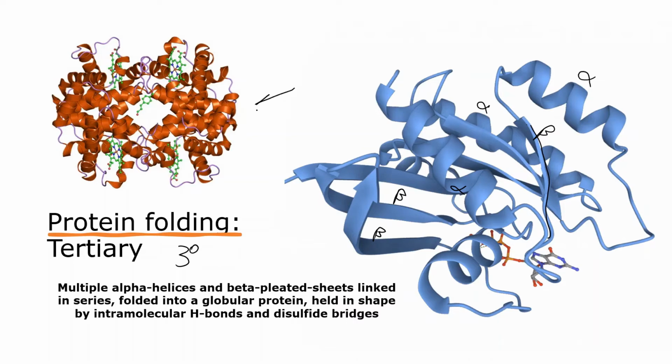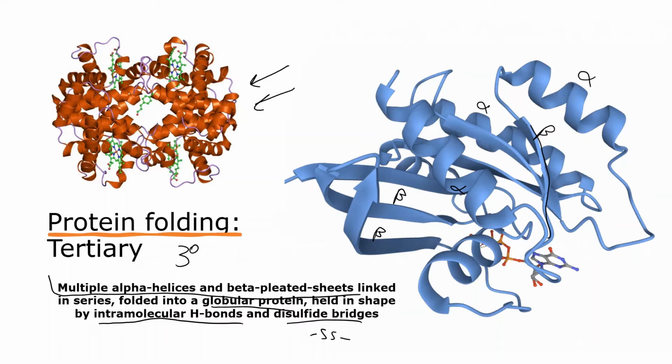Same thing up here. Multiple alpha helices, multiple beta pleated sheets linked in series, folded up into a tight globular protein, held together by intramolecular H bonds and other types of bonds like a disulfide bridge, which is an SS bond. So this is a tertiarily folded protein.